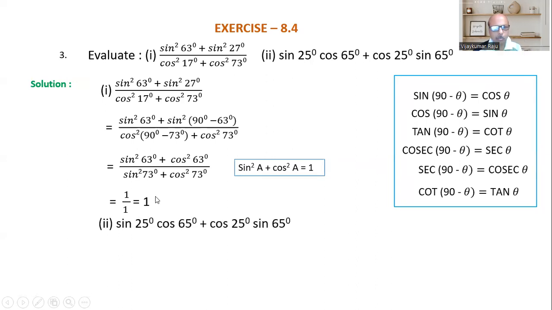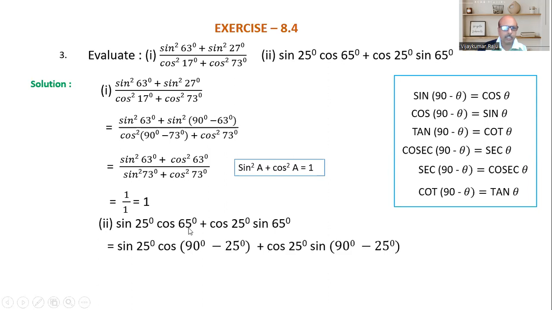Take the second bit. Now here, sine 25 degrees cos 65 plus cos 25 sine 65. This could be written again, changing one from this side and one from here. So it becomes sine 25 cos 90 minus 25, which is 65.